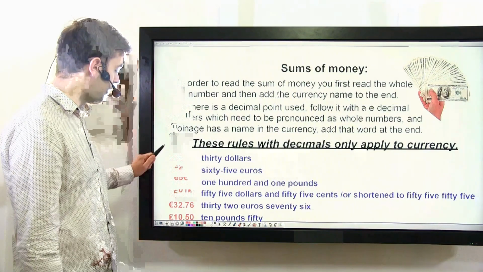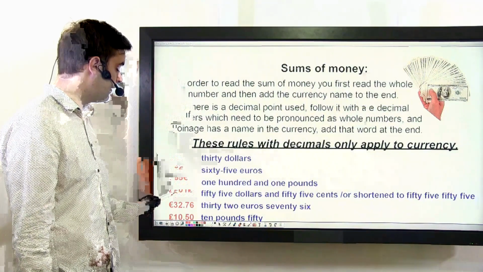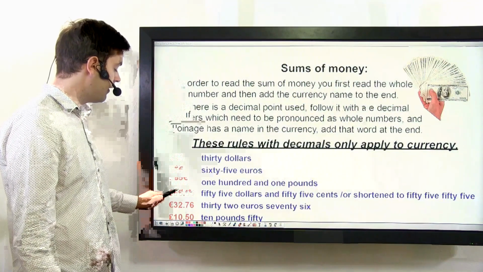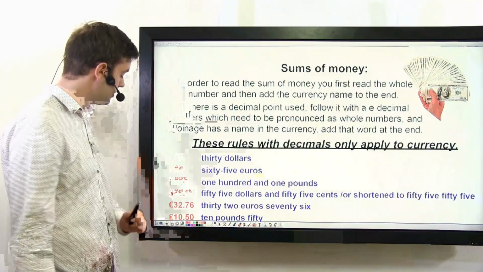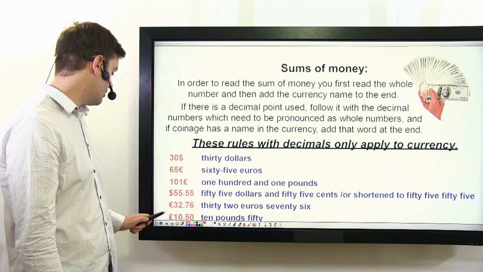So we have 101 pounds, 55 and $55.55. Sorry, $55.55. 32 euros, 76.